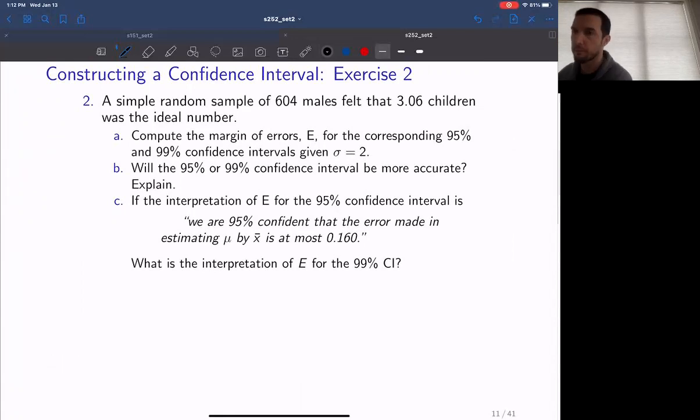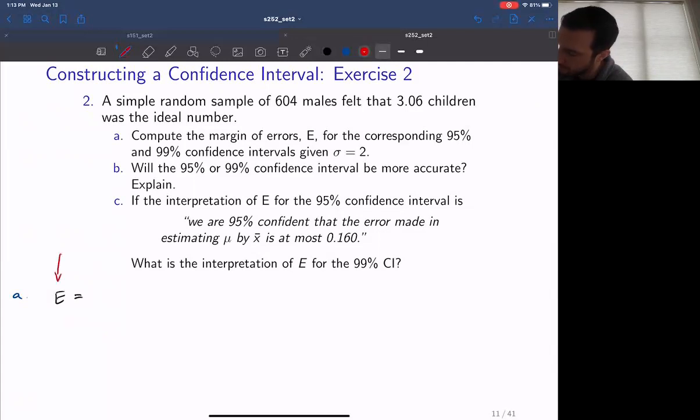All right, so the margin of error for a confidence interval is everything that sits to the right-hand side of the plus minus. So in part A, the margin of error, which we designate as capital E, is equal to Z alpha over 2 multiplied by sigma divided by the square root of n.